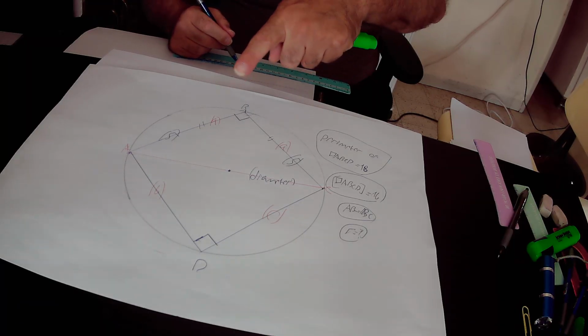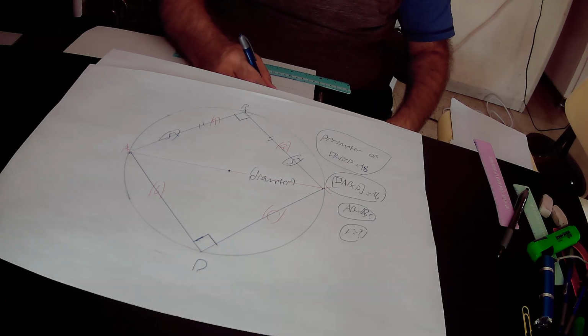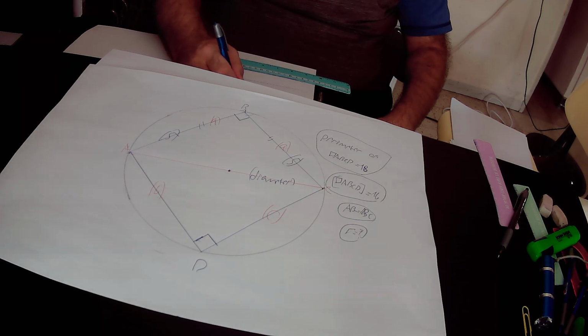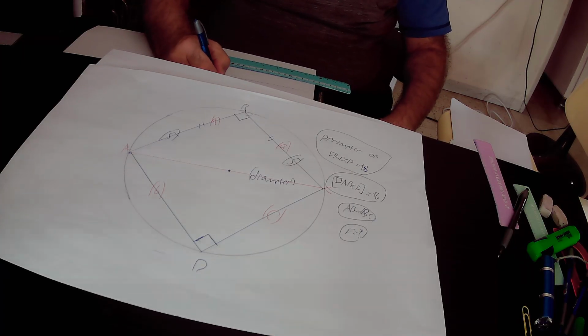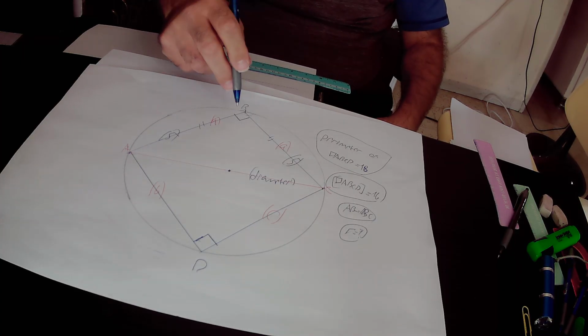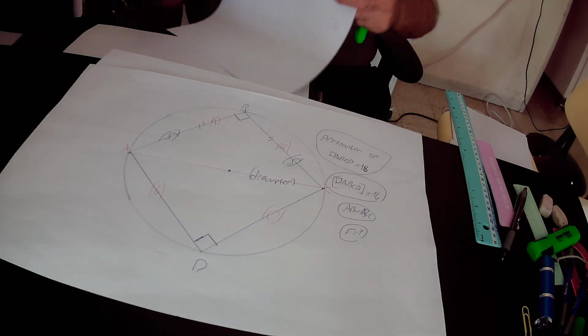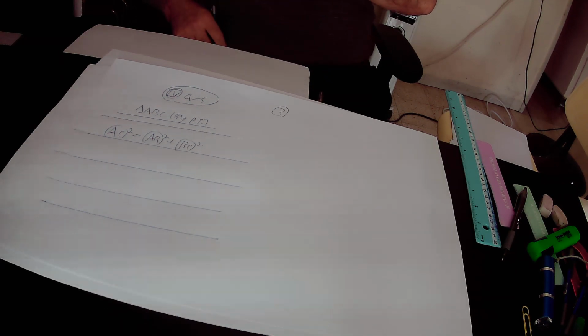In this right triangle ABC, according to the Pythagoras theorem, AC squared, that is the square of the hypotenuse, equals AB squared plus BC squared.